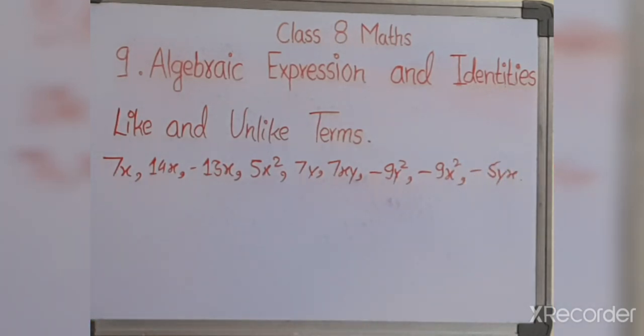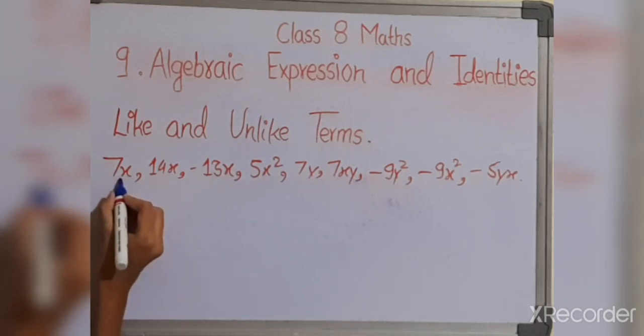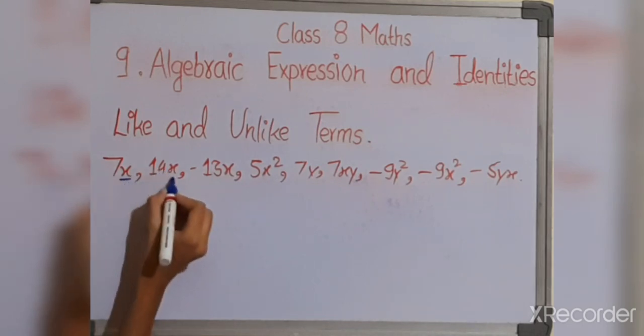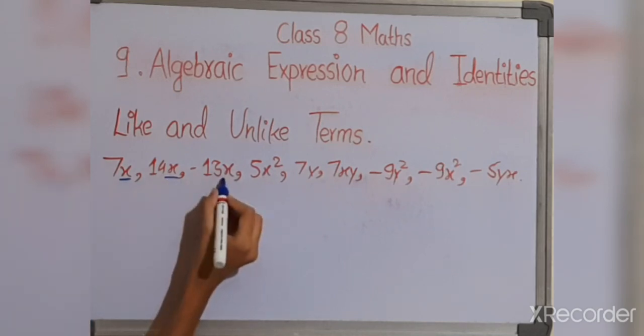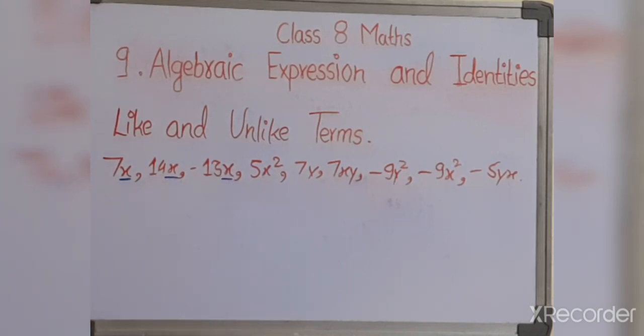Here you may be finding that some of these expressions are having the same variables. See here, this 7x, then 14x, these both are having the same variable, and again minus 13x also has the same variable.